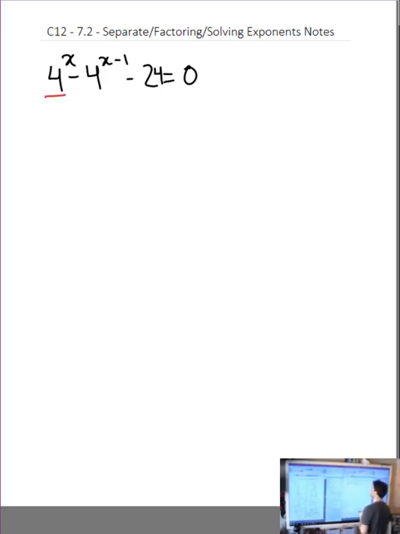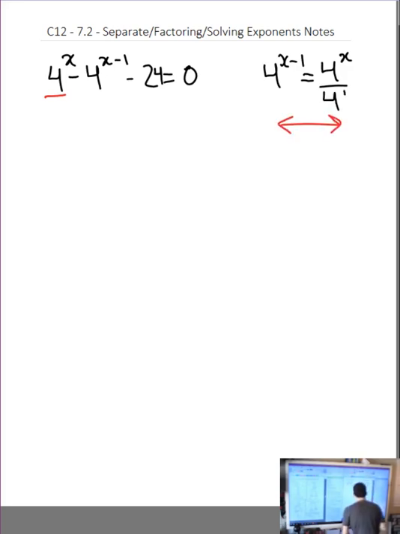And I think I'm going to use it. Now 4 to the exponent x minus 1 from grade 9 exponent laws is equal to 4 to the x over 4 to the 1. Remember, we went back and forth subtracting exponents and separating exponents in 7.1. We have to be very comfortable with these methods.